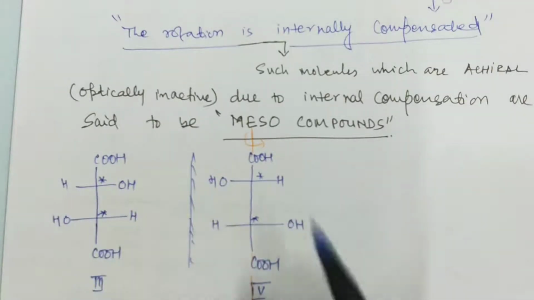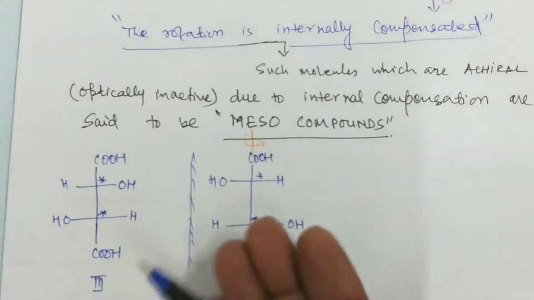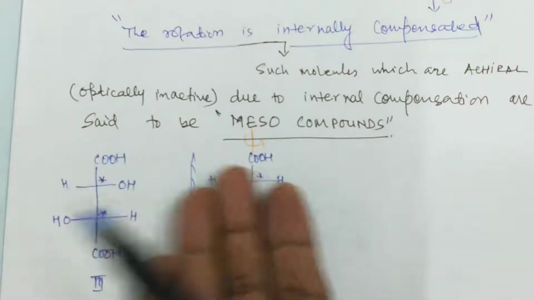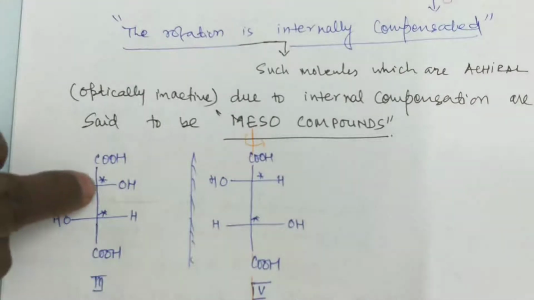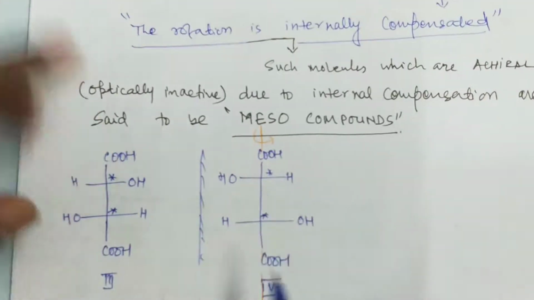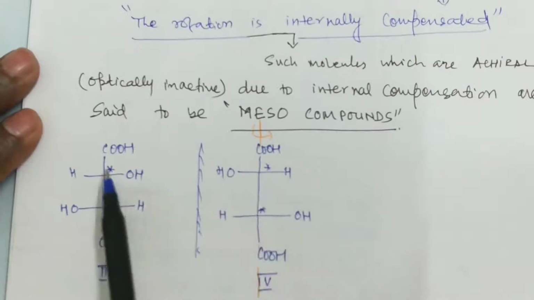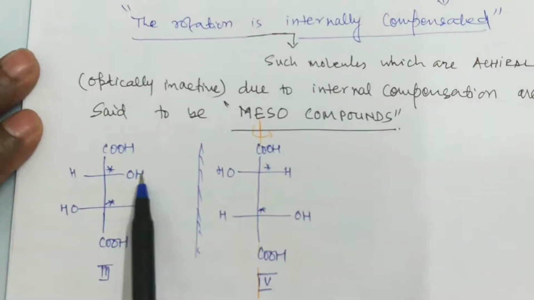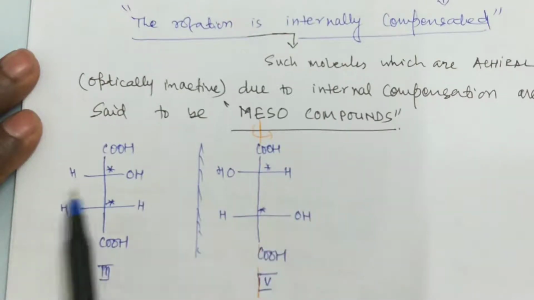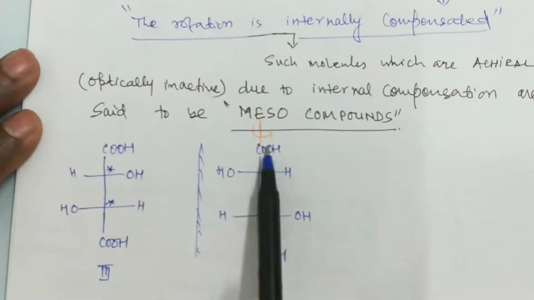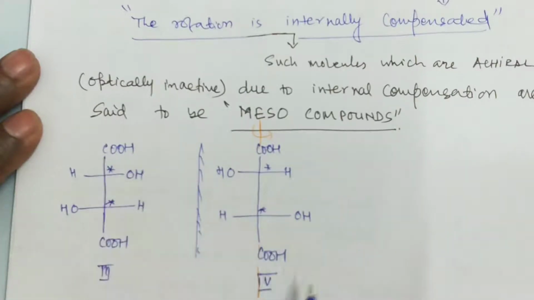These two structures do not have planar symmetry, and the mirror image is non-superposable. See, as in the previous clip I showed, you have to take this molecule and superimpose this carbon with this carbon. If you superimpose them, OH is coming here, H is coming here, H is coming here, OH is coming here. So COOH is superimposed by COOH, but there is no complete superimposability.